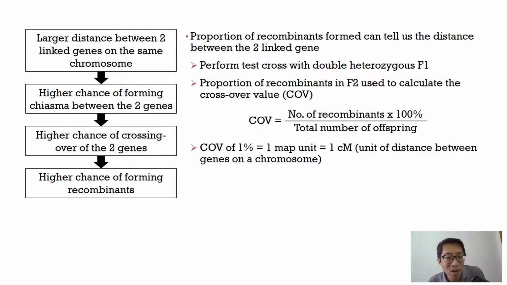The proportion of recombinants formed is called the crossover value, which is basically the percentage of recombinants that are formed. So 1% of this percentage would equate to 1 centimorgan on the chromosome.